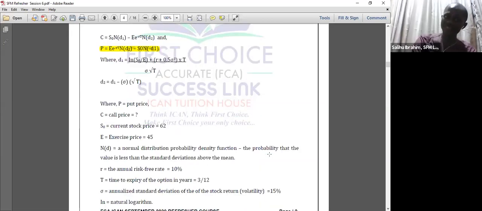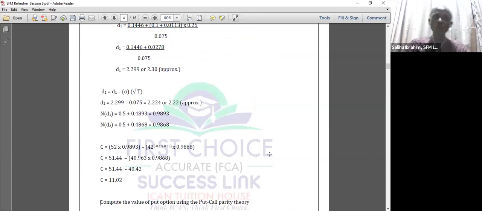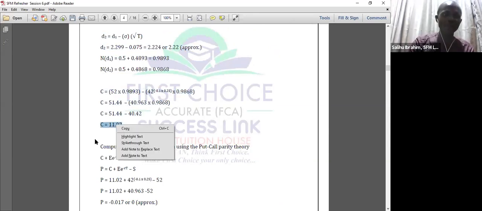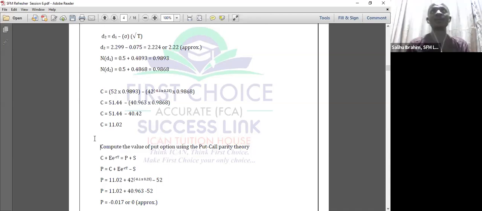Instead of using this formula, the moment you know the price of a call option, you can calculate the price of an equivalent put option using what we call the put call parity. And how do we state the put call parity?